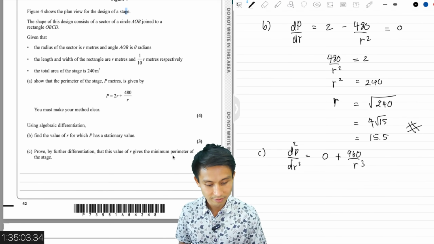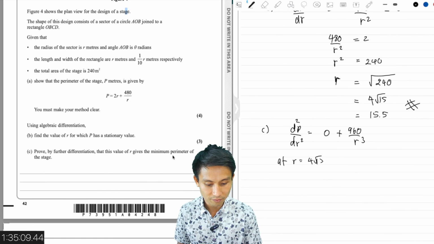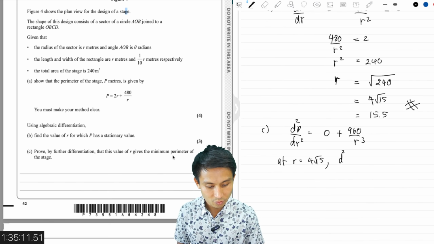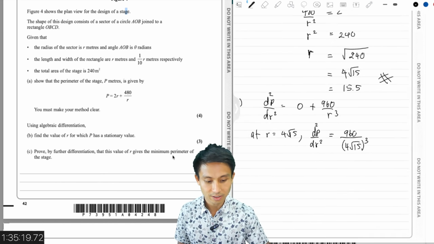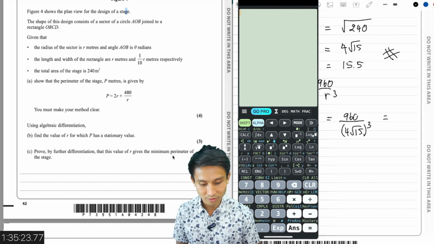So at r equals 4 root 15, d squared p by dr squared equals 960 divided by 4 root 15 to the power of 3. Well, surely that's greater than 0. But we're going to get the value anyway.